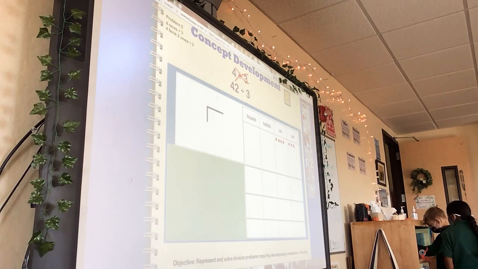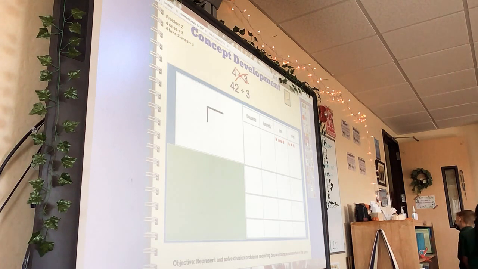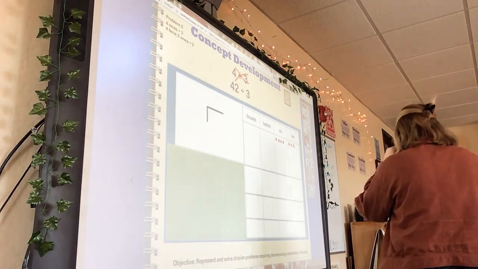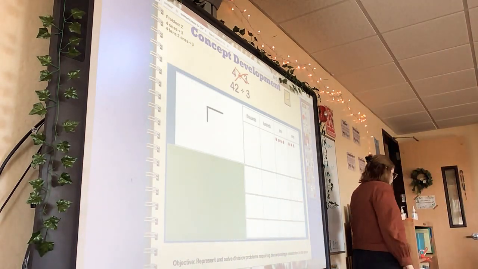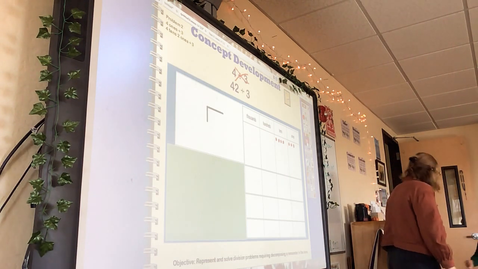Can I get my extra marker from the class? Yeah. Now let's move quickly. I don't have a dry erase marker and there's one back there and up there.